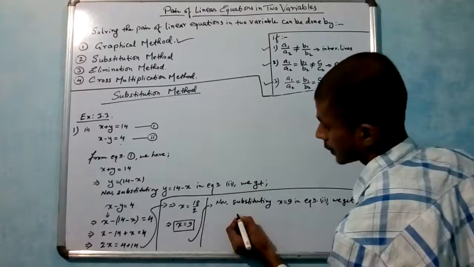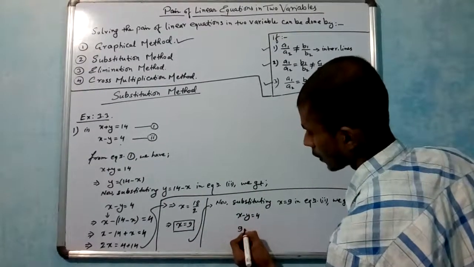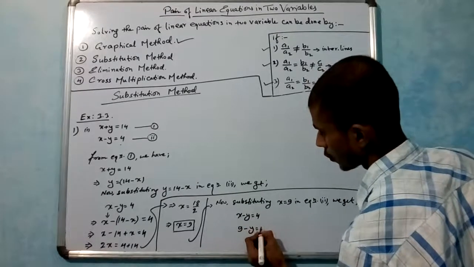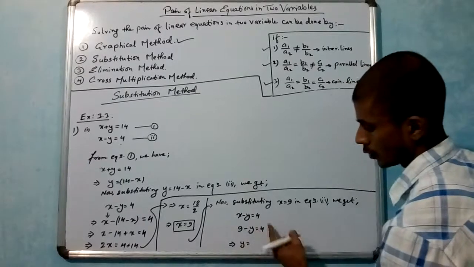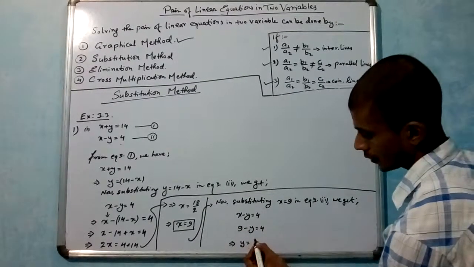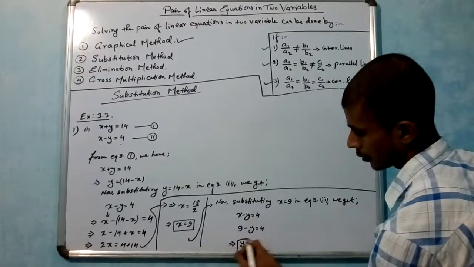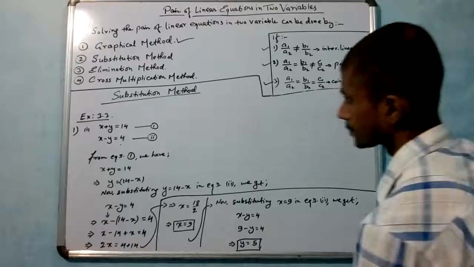So x minus y is equal to 4 and x is 9, so 9 minus y is equal to 4, which implies y is equal to how much? Y comes this side, 4 goes that side, so 5. So x is equal to 9 and y is equal to 5.